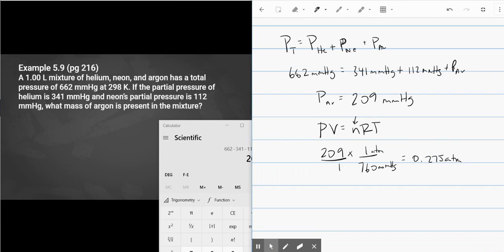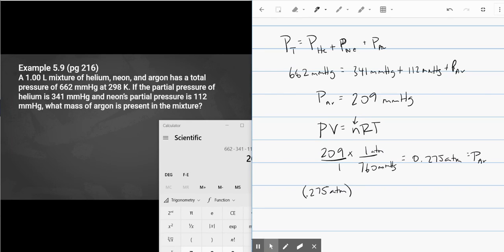So this is my pressure of argon in atmospheres. Okay, and if we plug in the rest, we are going to get that 0.275 atm times the volume, which is the total volume, because they're going to fill up whatever container you put them in.